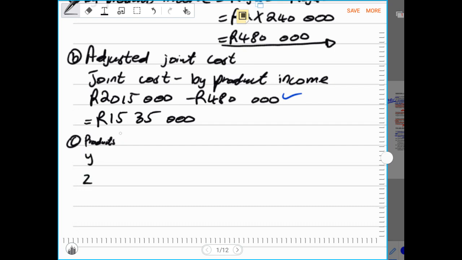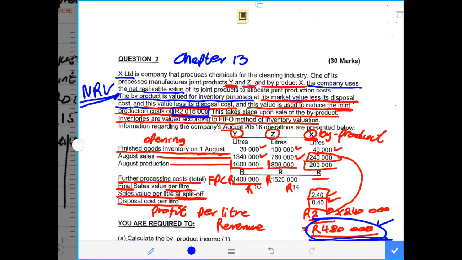Then we need to know their units that were produced. Take note of that. We are focusing on the units produced, which is production. And take note, guys, we don't take the number of units that were sold, because in the net realizable value method, we take the hypothetical market value, or the hypothetical sales value.